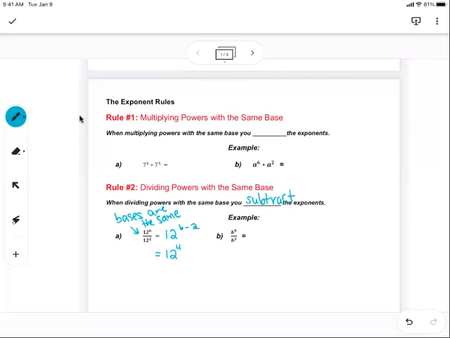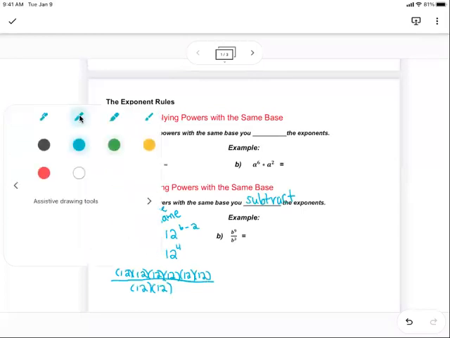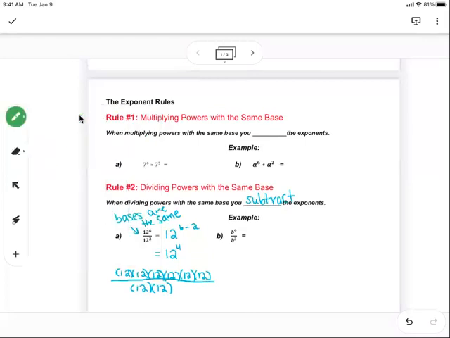The reason why this works is because 12 to the 6th power is 12 times 12 times 12, I need 6 of them, so there's 4, 5, 6. And 12 to the 2nd power is just 12 times 12. So when you are simplifying stuff like this, what ends up happening with this division rule is that each 12 on the top will cancel out with one of the 12s on the bottom.